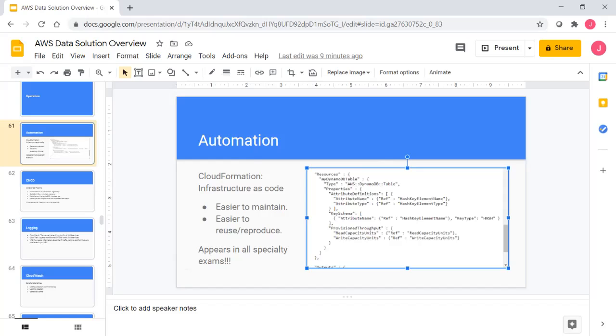If you try to create something in dev, then you want to deploy that to staging and production. Having infrastructure as code is much easier than someone manually typing in everything through the console, right? So this is why it's so important to automation, to operational excellence. Anytime you can have an automated way of rolling out a system, this is definitely better than the manual work. That's why it appears in all specialty exams.